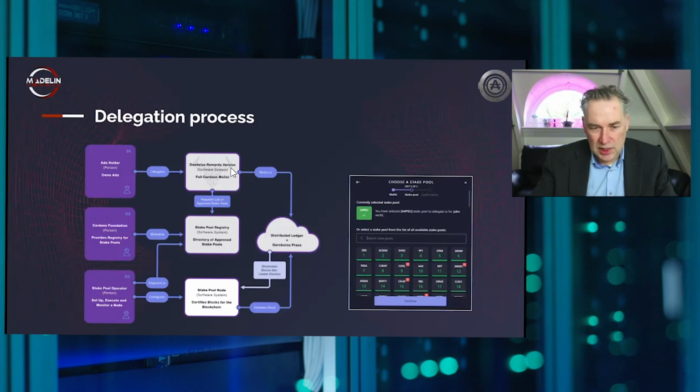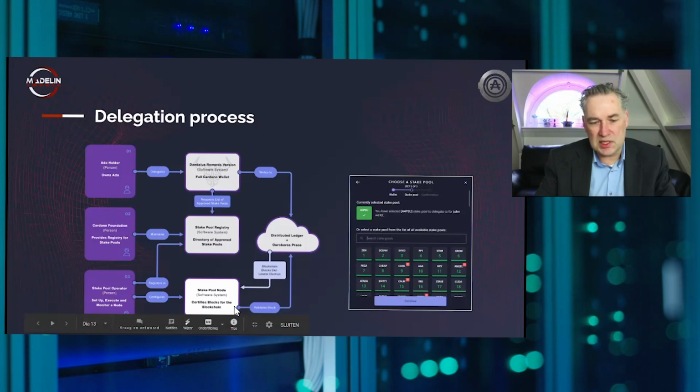And once the delegator has chosen from the list that is coming from the stake pool registry a certain stake pool, then of course this right is being written to the ledger, and on basis of that right, the blockchain basically decides also on basis of the total stake in the stake pool, if the stake pool gets elected as leader or block assigned, which it can validate.